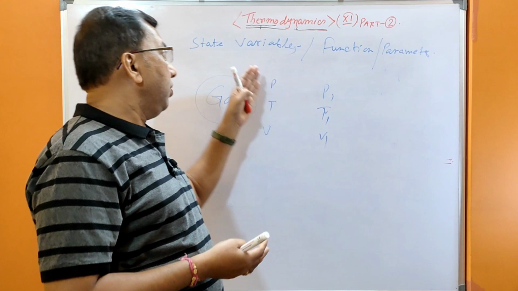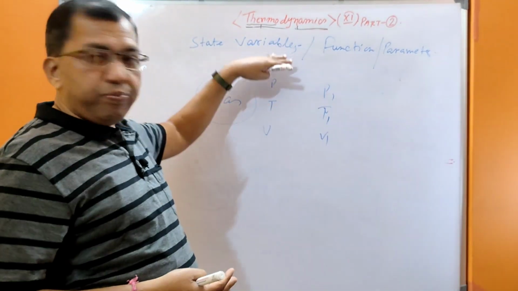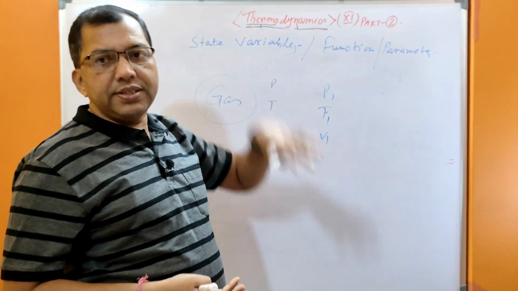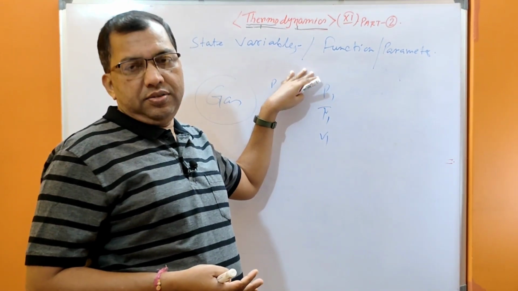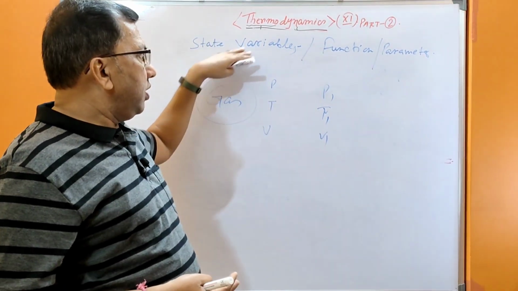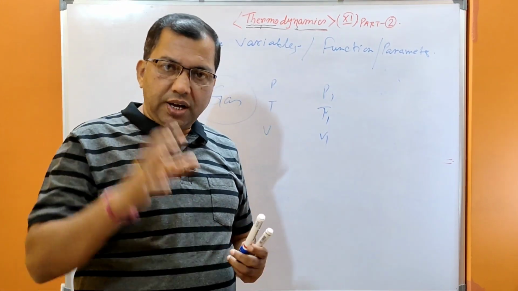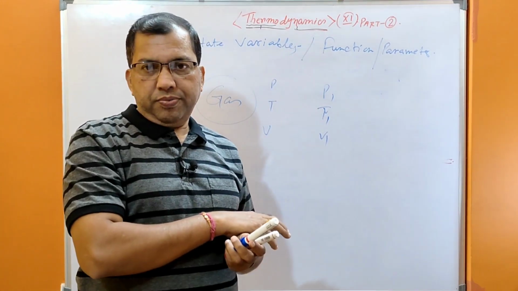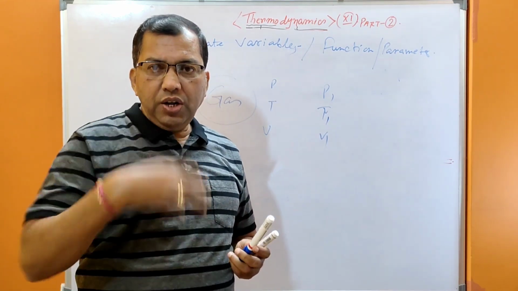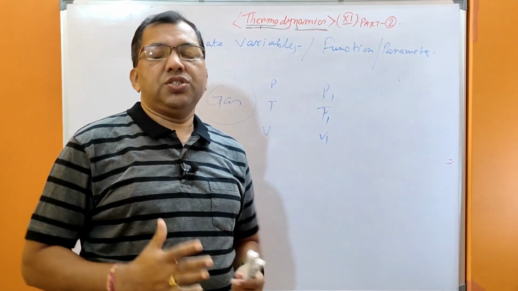The state functions, I have told here, are the thermodynamic properties whose values depend only on the state variables. What are state functions? They are the thermodynamic properties whose values depend only on the initial and final states of the system.